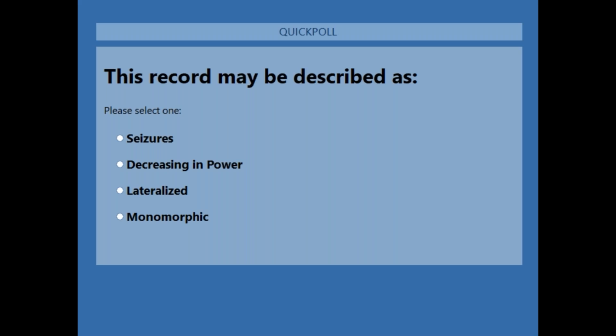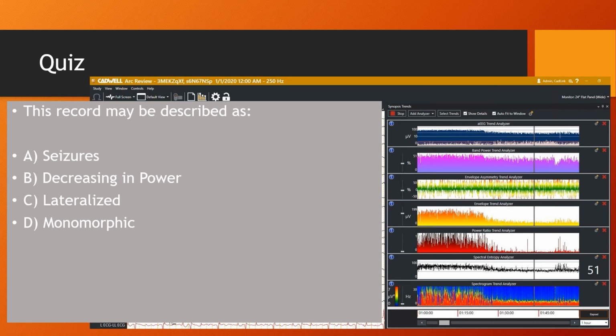So the only thing that we can answer correctly here, and Laura, if you can close the poll, the only thing that we can answer for sure here is that this activity is decreasing in power. You can see that it's decreasing in amplitude in the amplitude integrated EEG trend and in the envelope trend, but you could particularly see in the power ratio trend and in the spectrogram the decreases in power.